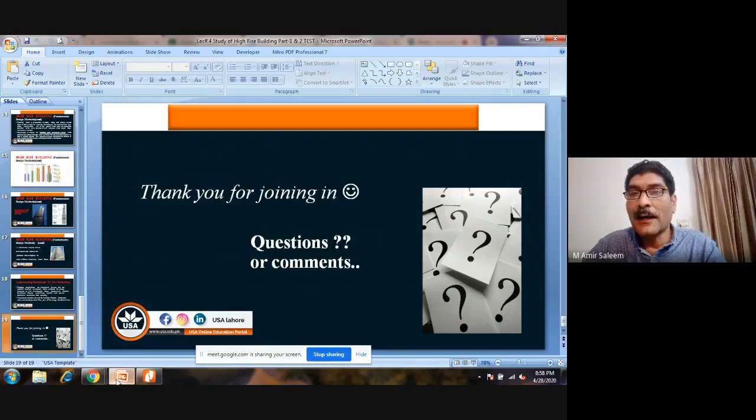For high rise buildings, we need to save the building from structural movement. We need lateral stability in the structure. These two points are very important. We need to save the structure from the lateral movement and we require structural stability.